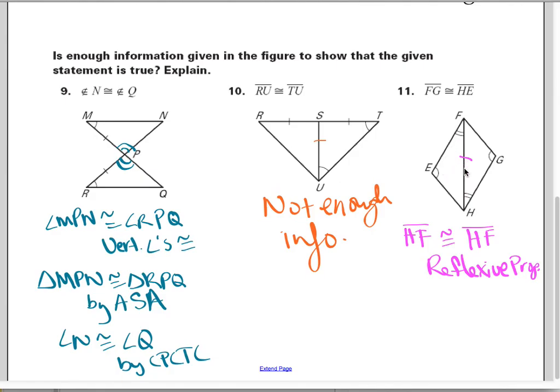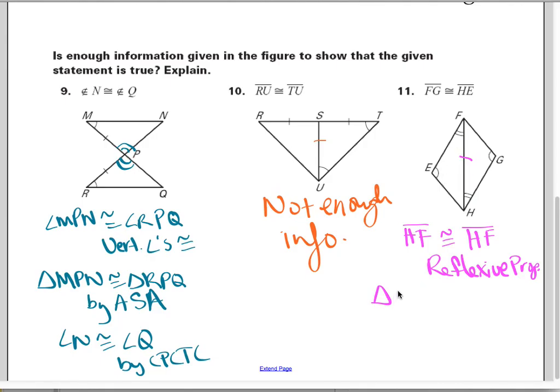1 mark, 2 mark, and then this segment. 1 mark, 2 mark, and then this side here. So they're correspondingly marked, and each of them has 2 angles and a side, and the side is not between the angles. So this is going to be angle, angle, side for the reason that the triangles are congruent. So I'm going to name them based on the angles. I'm going to go around as 1 mark, 2 mark, no mark.